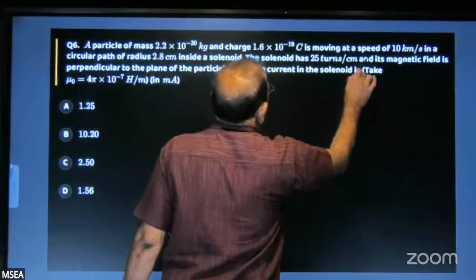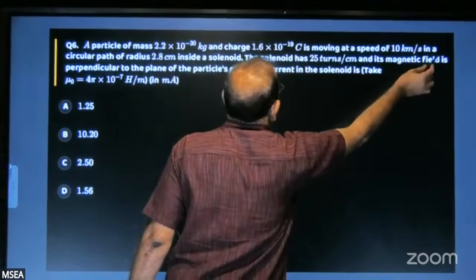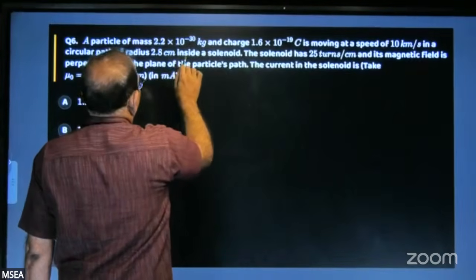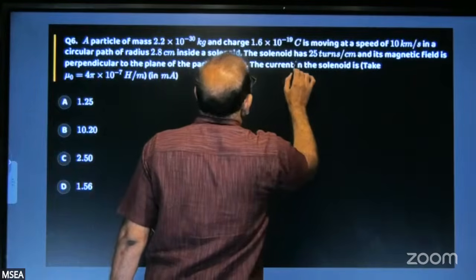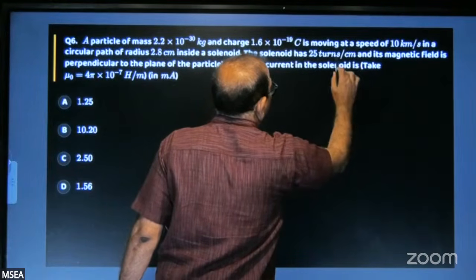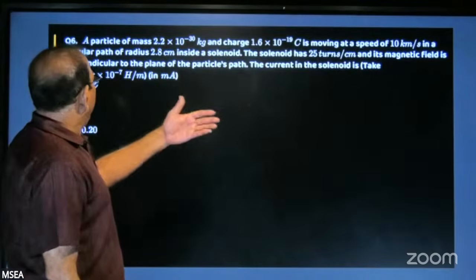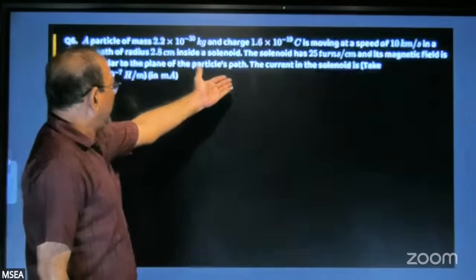A charged particle is moving at a speed of 10 kilometer per second in a circular path of radius 2 centimeter inside a solenoid. The solenoid has 25 turns per centimeter, and its magnetic field is perpendicular to the particle path.